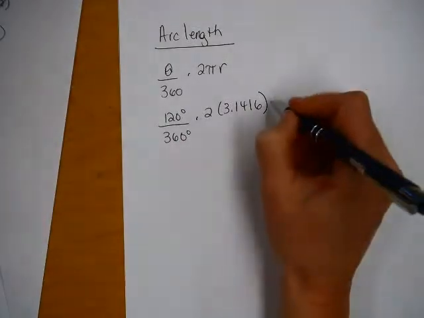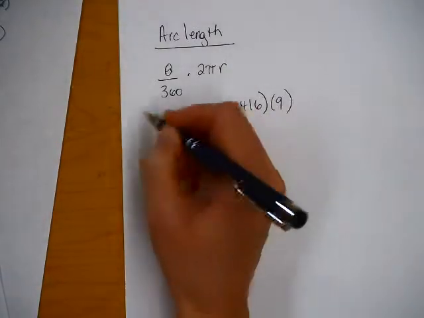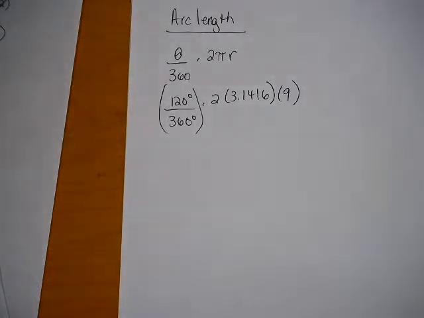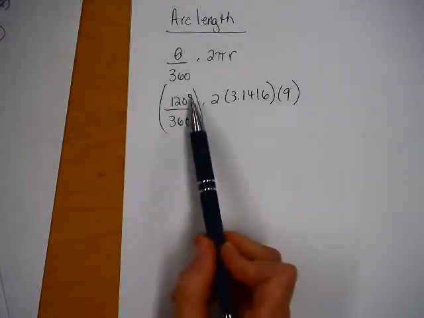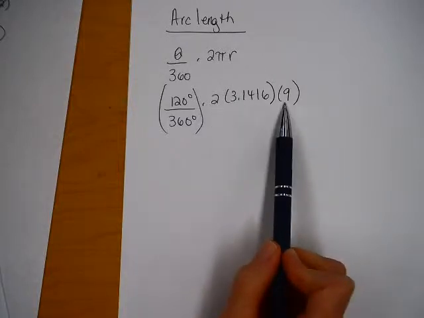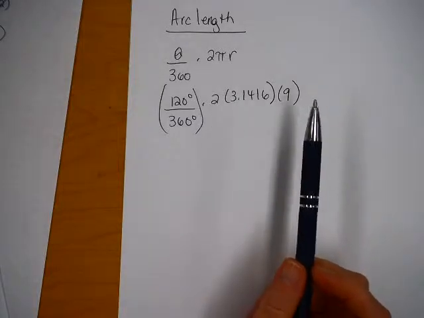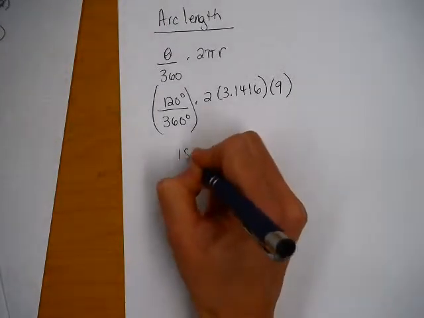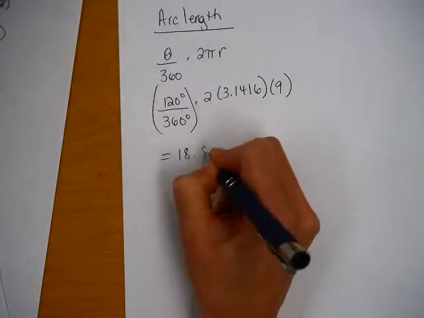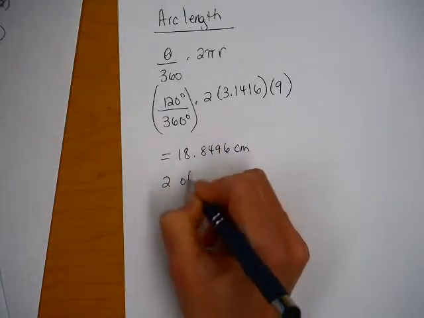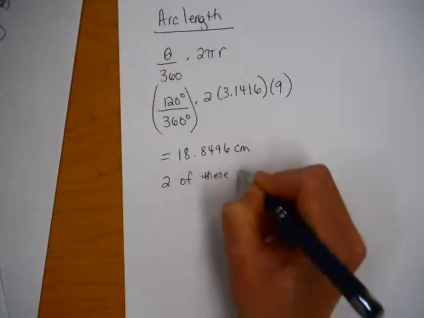So R is 9. And again, if you're going to use your calculator, you must type this fraction in parentheses. So parentheses 120 divided by 360 times 2 times 3.1416 times 9 should give you an arc length of 18.8496 centimeters. Now remember, we have 2 of these that are equal.